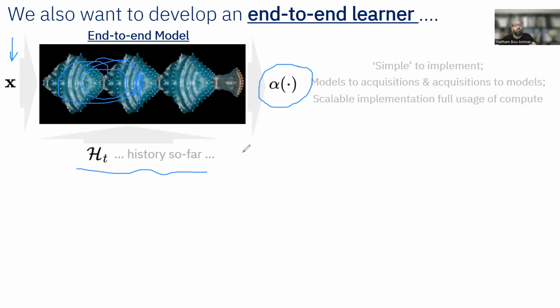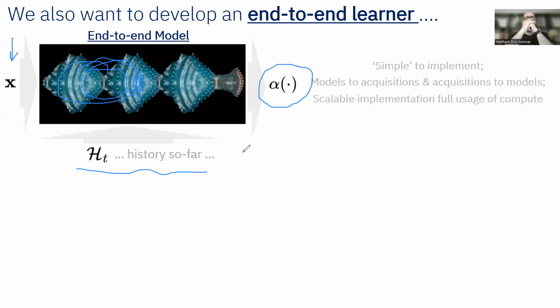Good. But how would we train this? How would we really train this end-to-end model? Because if you want to train it using a standard neural network, you would need supervised data. So you would need X and history and their corresponding acquisition value. But we don't have those corresponding acquisition values. It's not that simple. So we don't have this labeled data set.